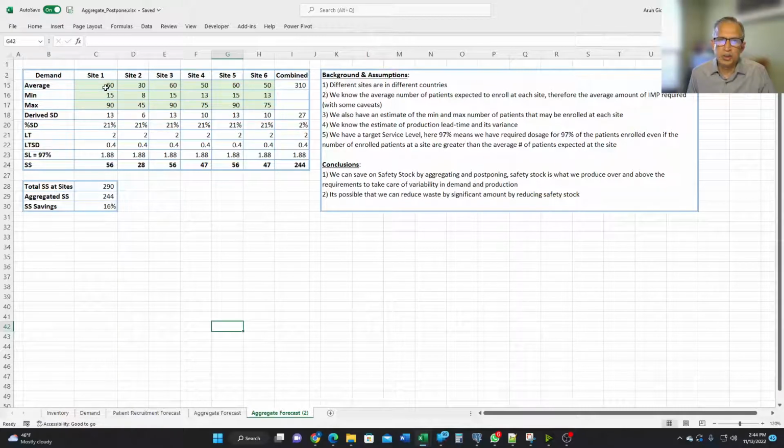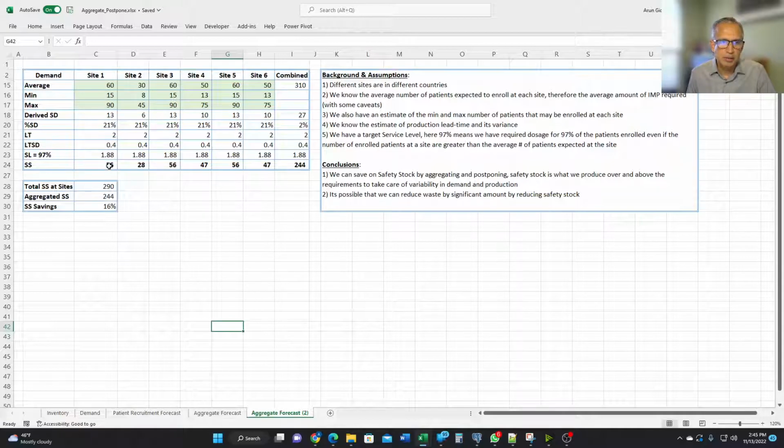So what conclusions can we draw here? We can save on safety stock by aggregating and postponing. Safety stock is what we produce over and above the requirements to take care of variability in demand and variability in production.